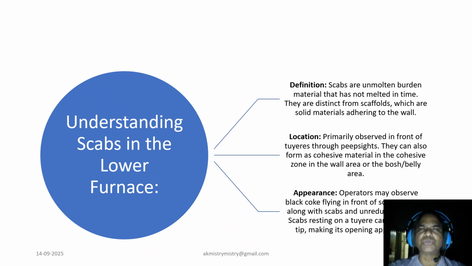You might also find cohesive material in the cohesive zone at the wall area or belly. Visual cues include a tuyere appearing oval instead of round if a scab is resting on it. We rely on tuyere peepsights and cameras for direct observation.